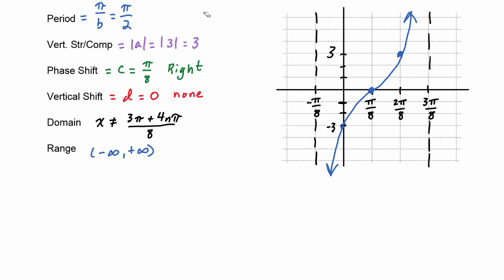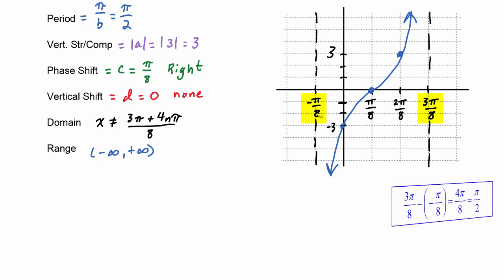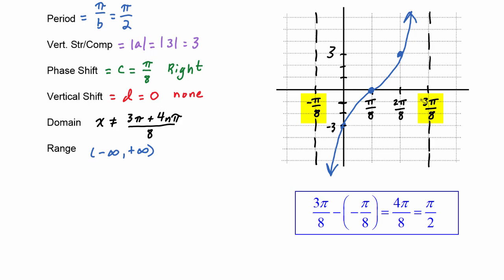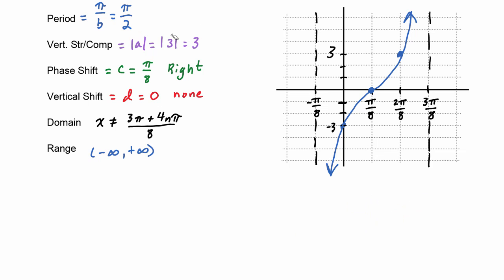Last, we're going to want to check all these attributes. So if we look at the graph, 3 pi over 8 minus negative pi over 8 would become 4 pi over 8, which is pi over 2, so our period checked out. The vertical stretch has to be 3, and that makes sense because normally these would be at negative 1 and positive 1, so the vertical stretch was 3. The phase shift had to be pi over 8 to the right.